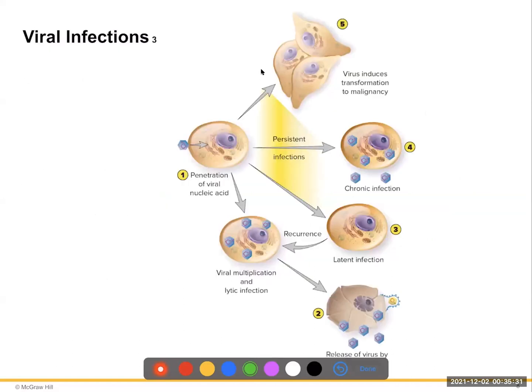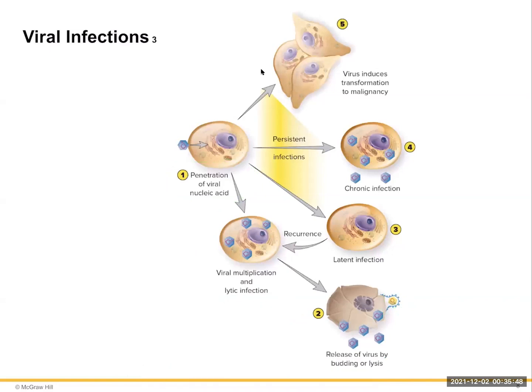So in viral infection, we get penetration of viral nucleic acid. It has to have that portal. Then the viruses multiply, and the lytic infection can lay dormant, and then it can bud off and release the virus. It buds off or it lyses. The cell either blows up or buds off from the cell.